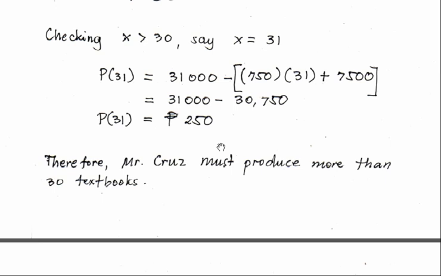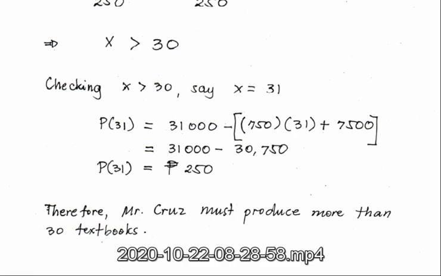And by saying it's worth it for Mr. Cruz, meaning it's okay for him, maybe I'm just empathizing with Mr. Cruz, it's okay for him even if he has no profit. So this 250 can be divided by 31. 250 divided by 31 is about 8 pesos.